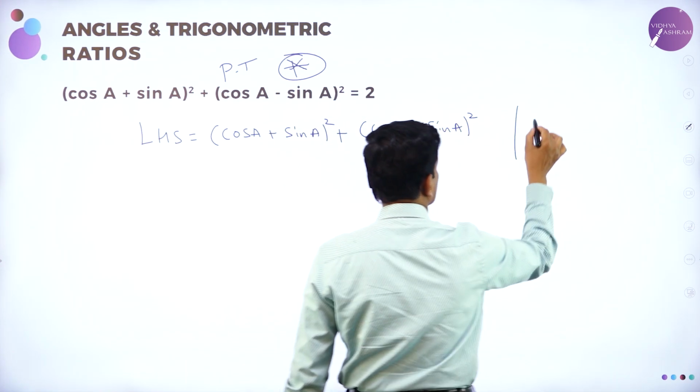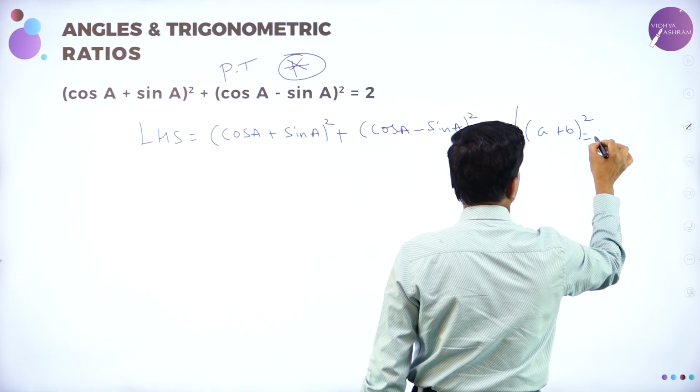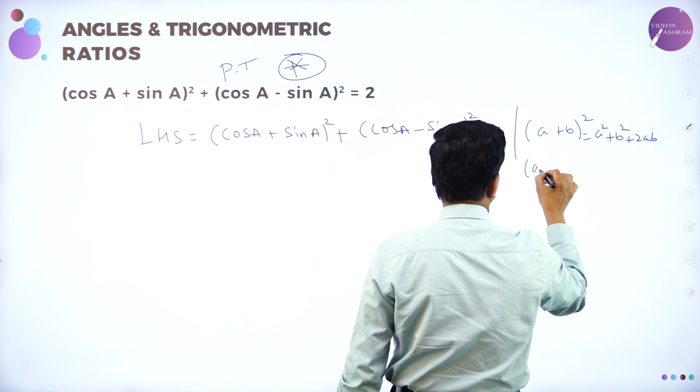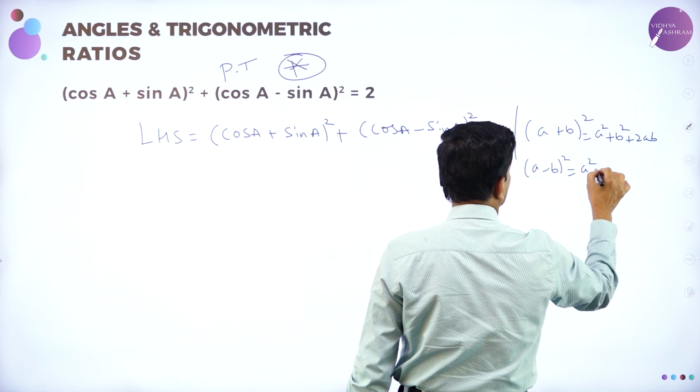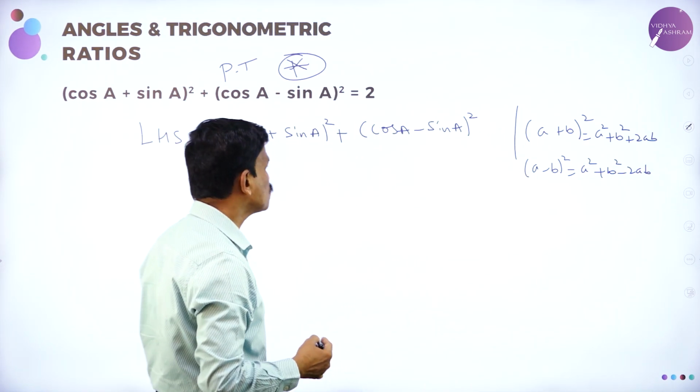square. Now this is of the form (A plus B) and (A minus B) whole square. (A plus B) whole square is A square plus B square plus 2AB and (A minus B) whole square is equal to A square plus B square minus 2AB. Make use of these two formulas.